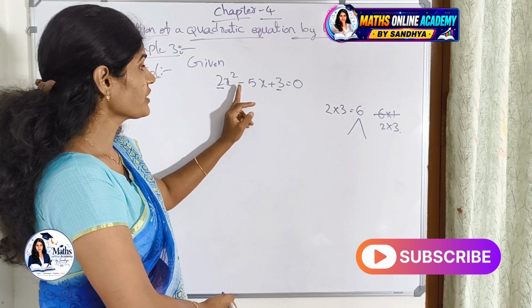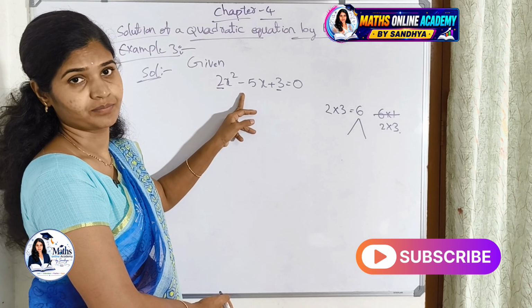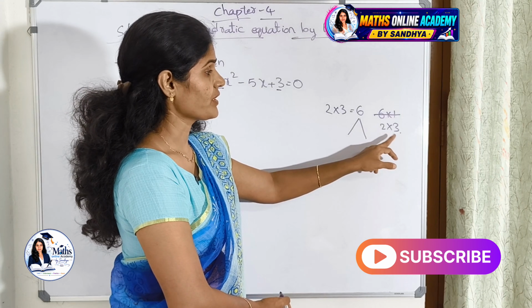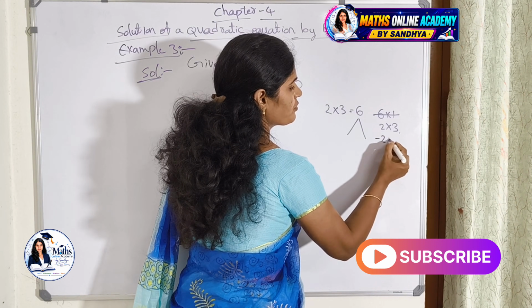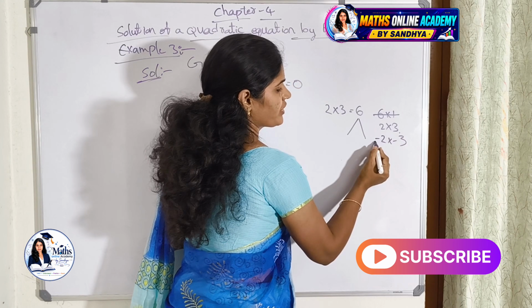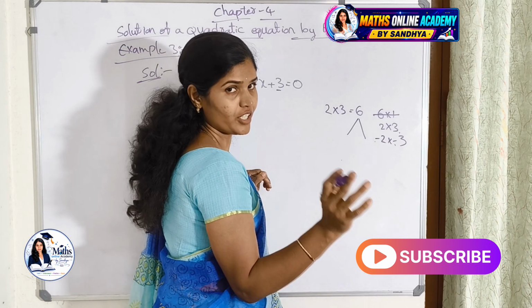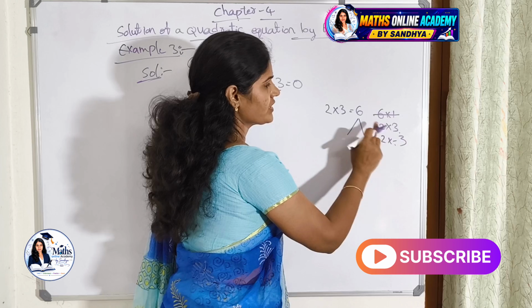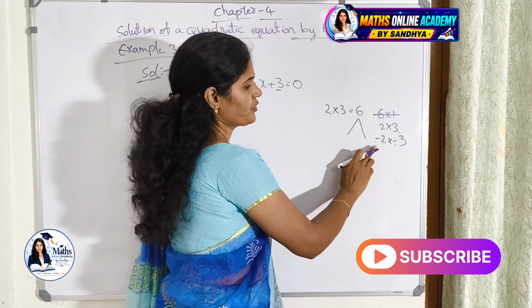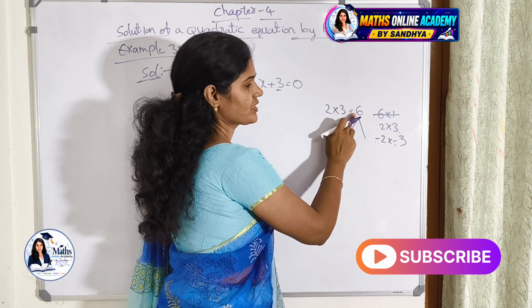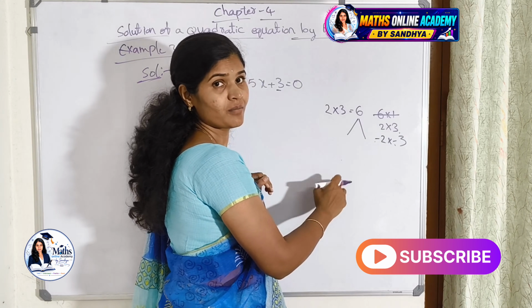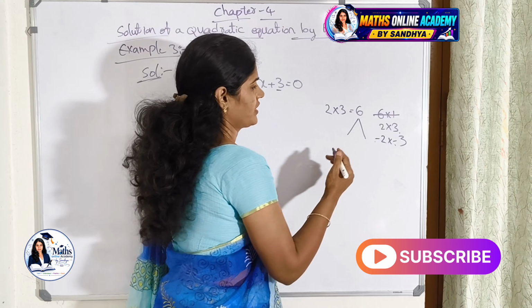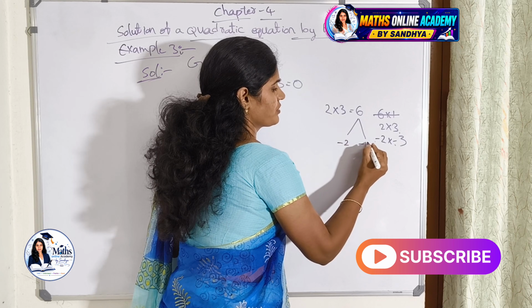But here it is minus, and we are taking plus. So take minus 2 into minus 3: minus into minus is plus, so you get 6. And minus 2 plus minus 3 is minus 5. This is the possibility.